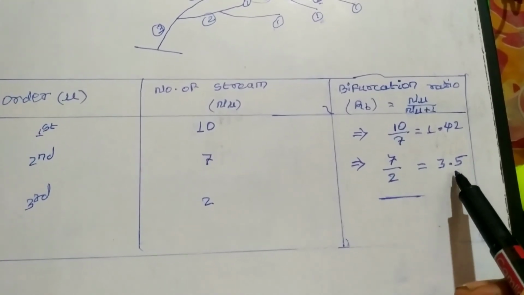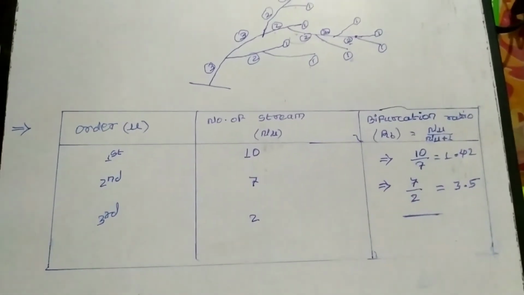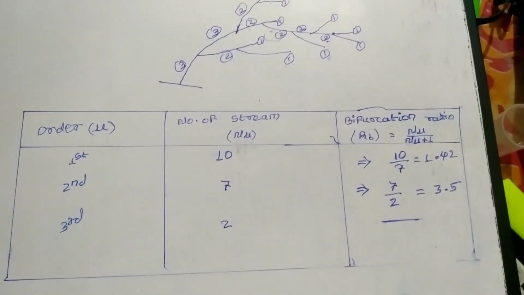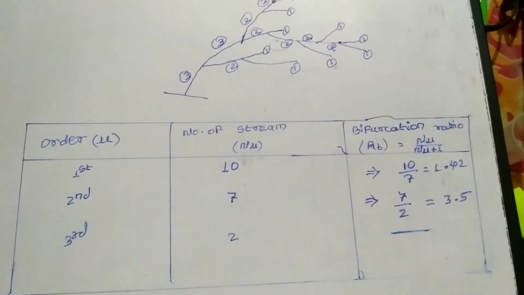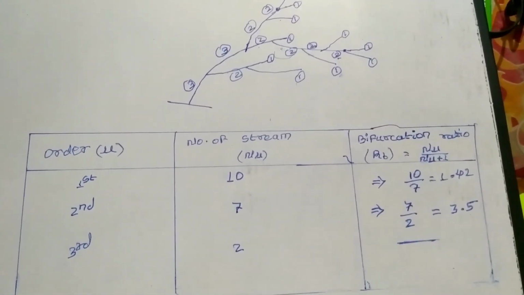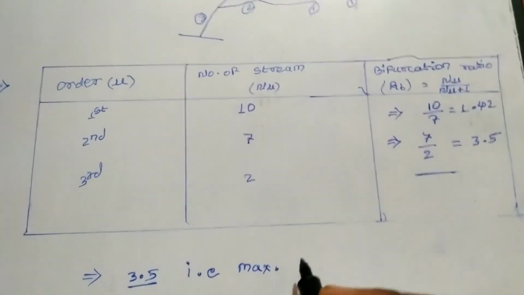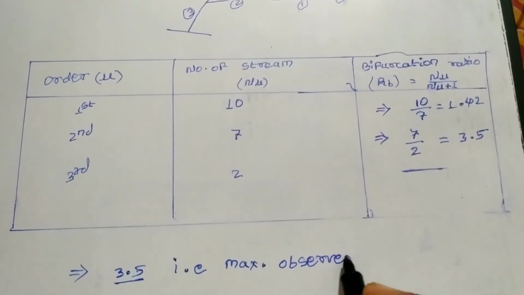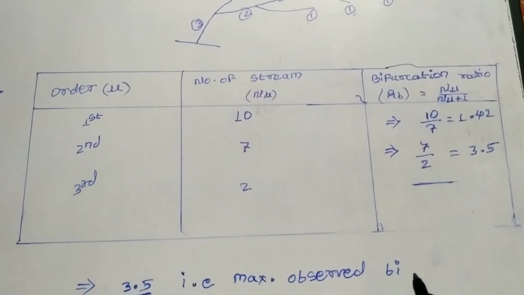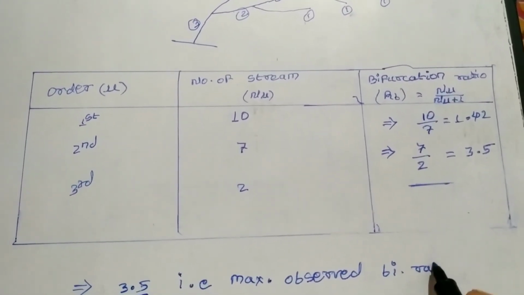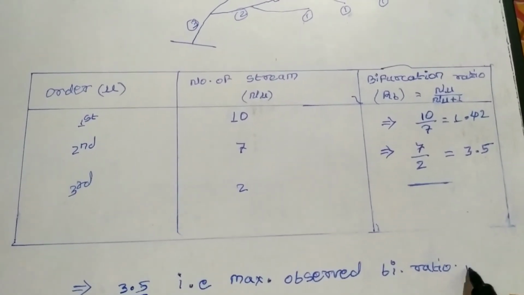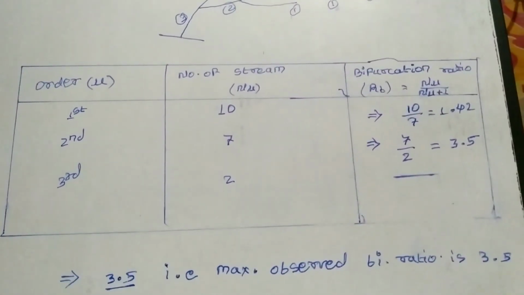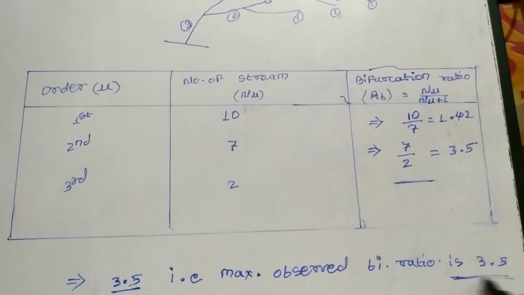So the answer will be 3.5, meaning the maximum observed bifurcation ratio is 3.5. So this is your answer.